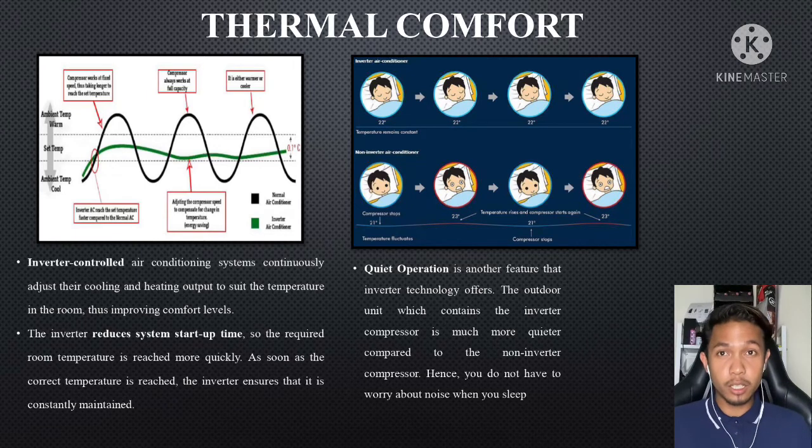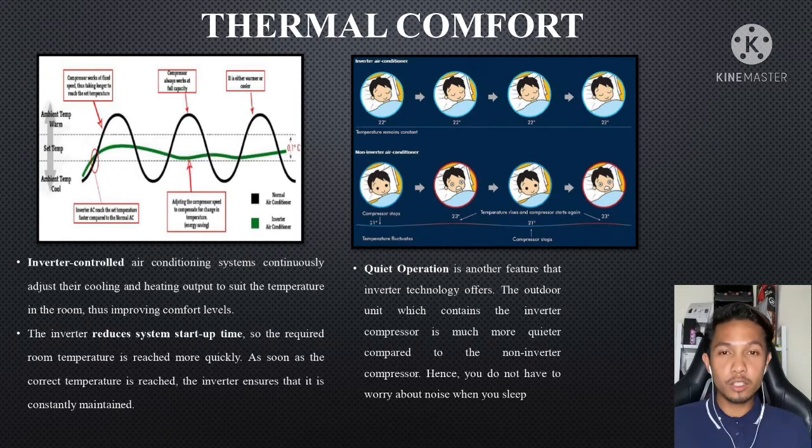Today I will share with all of you how inverter gives impact toward thermal comfort. As you can see in the figure, there is a big difference between normal air conditioning and aircon inverter. Inverter control air conditioning systems continuously adjust their cooling and heating output to suit the temperature in the room, thus improving comfort level.